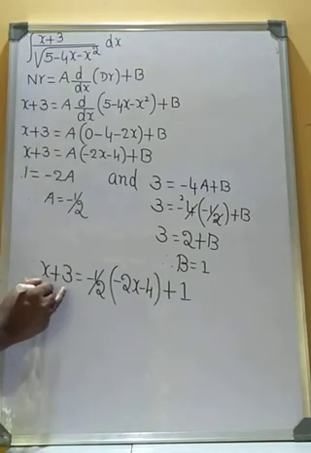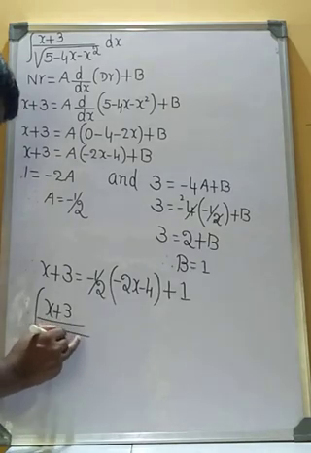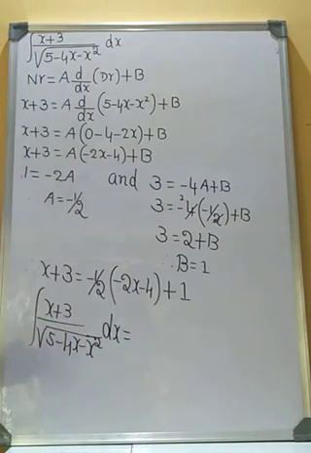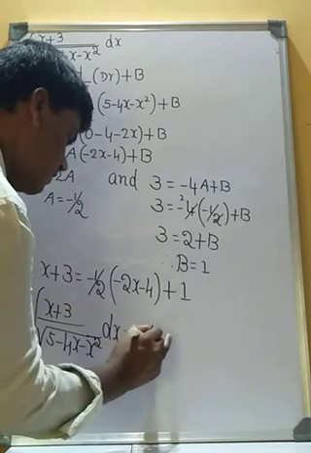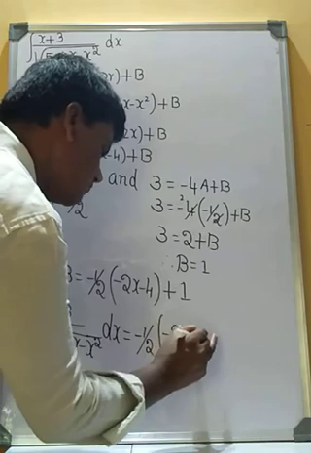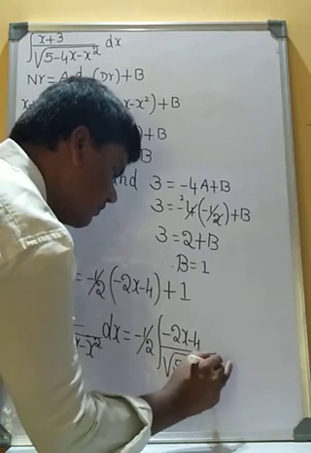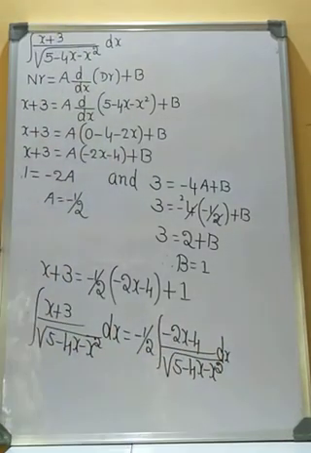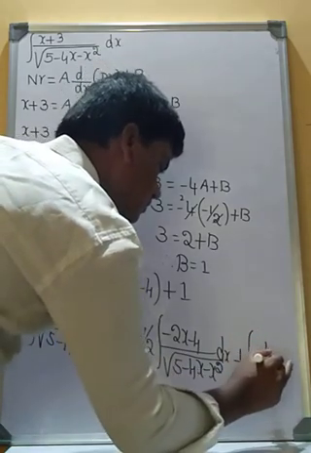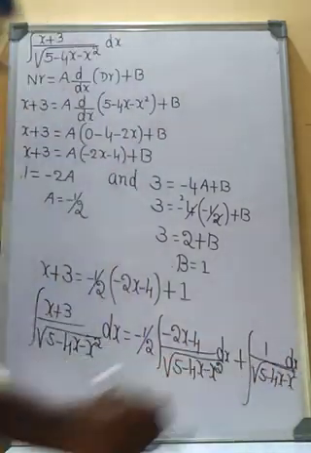So therefore taking the integral, x plus 3 divided by root of 5 minus 4x minus x square into dx equals minus 1 by 2, take the constant outside, integral of minus 2x minus 4 divided by root of 5 minus 4x minus x square into dx, plus integral of 1 divided by root of 5 minus 4x minus x square into dx.